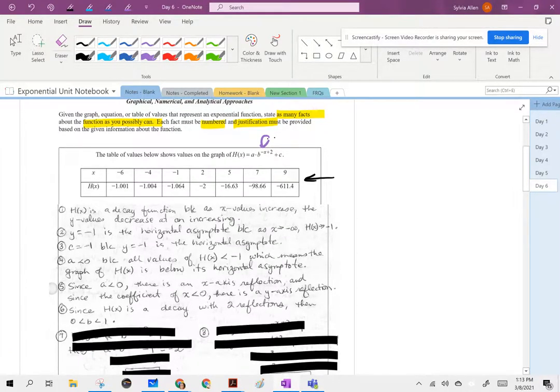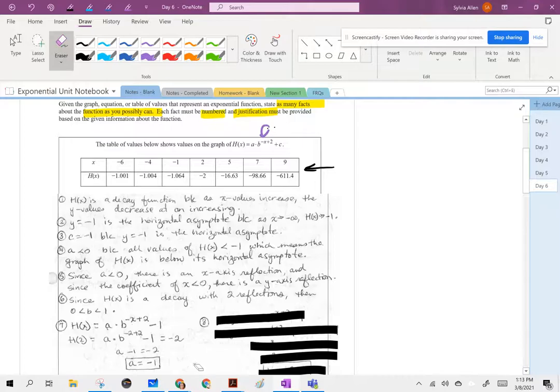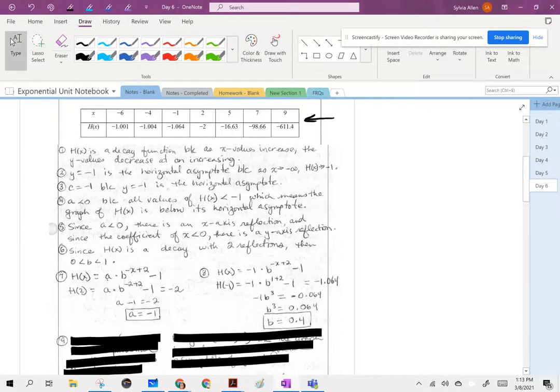All right, so let's actually see if we can take some points from the table and actually calculate what the equation of the function is going to be. And again, this is just coming up with the a value of the function, and now we can come up with the b value of the function.